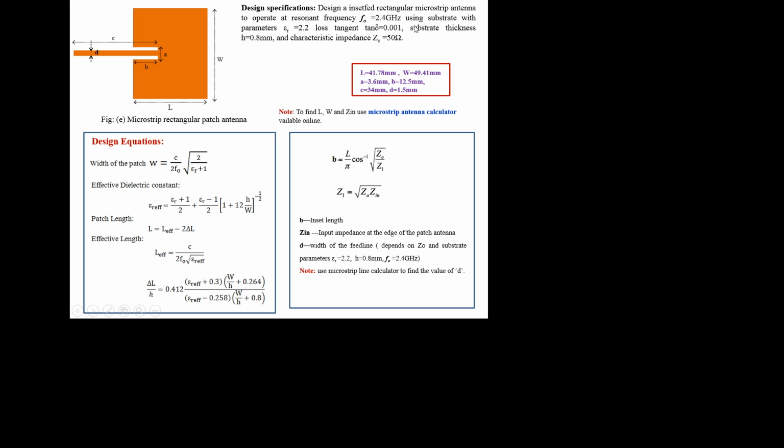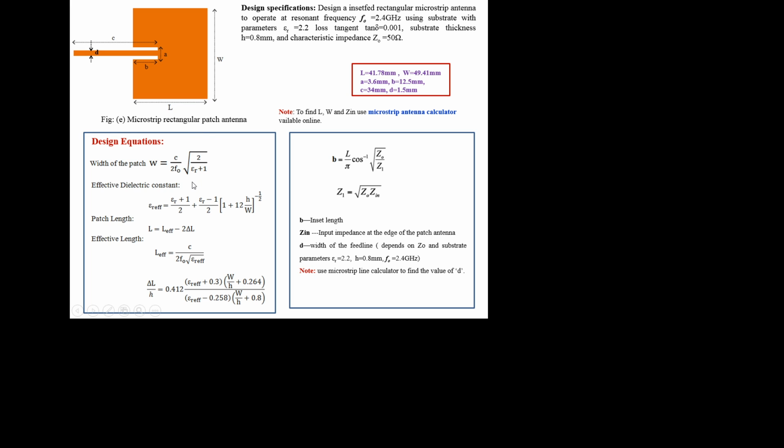For this specification, we have to design the antenna. It should give a resonant frequency of 2.4 gigahertz, meaning it should radiate maximum at this particular frequency. To obtain that, we should calculate the length and width of the patch antenna.